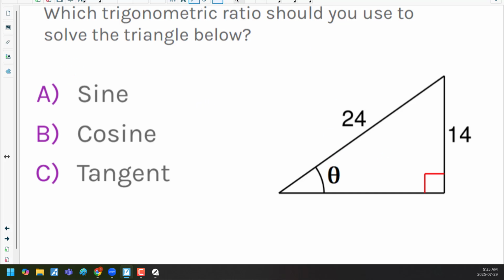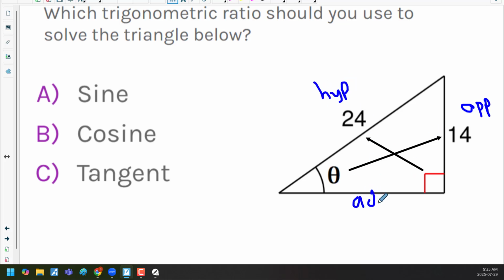First thing always that you do is you label your triangle. So this is the opposite, and this is hypotenuse, and this is obviously adjacent then. In this specific example, they did not give us the value for my adjacent side. We don't know how wide this triangle is, or whatever this length that you want to call it. We don't know it.